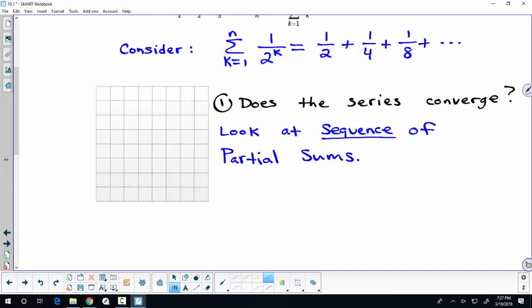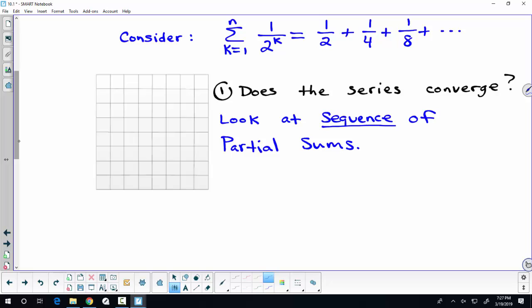Again, sequence, back to a list of numbers. So let me see, 1, 2, 3. Maybe we'll go out to 5. So partial sums are just the sum of the first, whatever. The third partial sum is the sum of the first 3 terms. The 10th partial sum, I would add the first 10 terms.